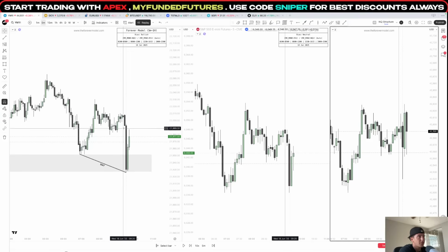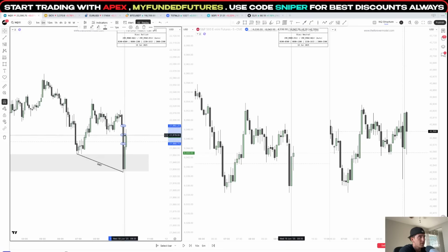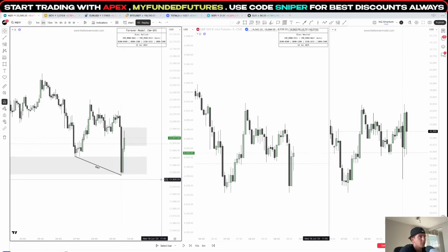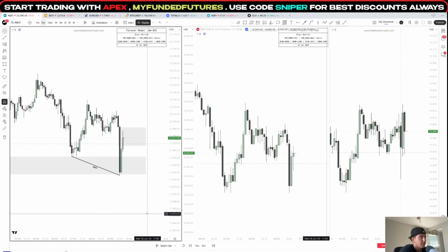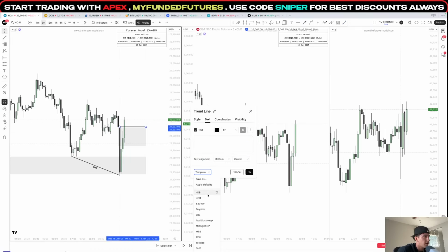We create a bearish fair value gap right here. So if price inverses this gap, that's your first means of execution, your first way of getting into a trade. Next 5-minute candle closes above this down close candle that ran the short-term low, but also inverses an M5 bearish fair value gap. So this would be your execution.